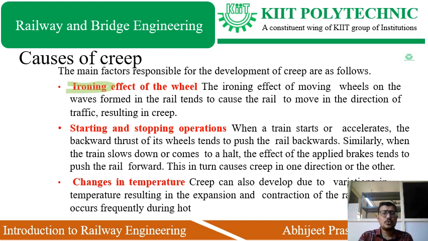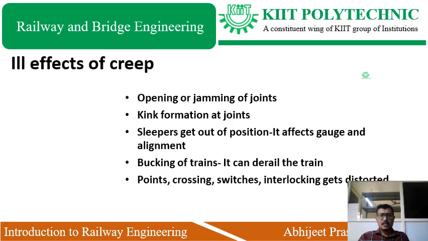Similarly, when the train slows down and comes to a halt, the effect of applied brakes tends to push the rail forward. This causes creep in one direction, either forward or backward. The third one is change in temperature. Due to temperature variation, there is expansion and contraction of the rails.